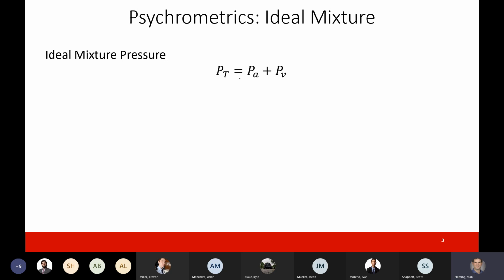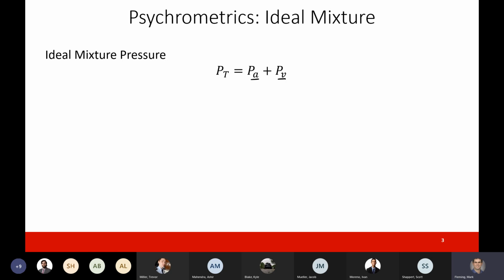And again, that keeps it a little bit simpler in terms of the models that we want to actually do. So we're going to, again, just have the two components. We'll have our total pressure, and that will just be the sum of our two individual partial pressures. These two values are the partial pressures that we used before in last week's lecture.